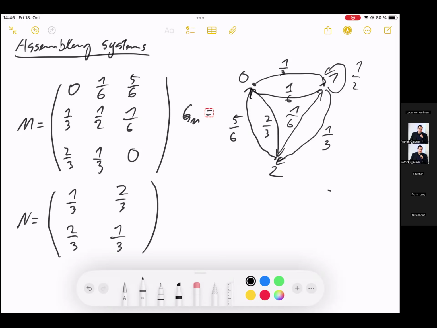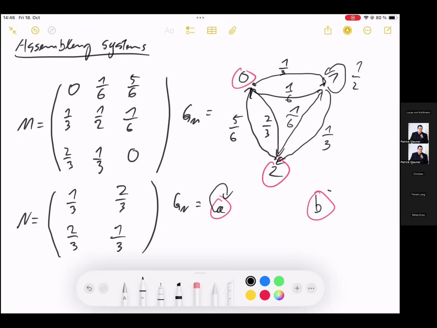These are doubly stochastic, so they are proper probabilistic systems. For the first system, we call them 0, 1, and 2. And for the second system, we call them A and B, just to be able to distinguish them. We could call them 0 and 1, but we call them A and B to make this more obvious.